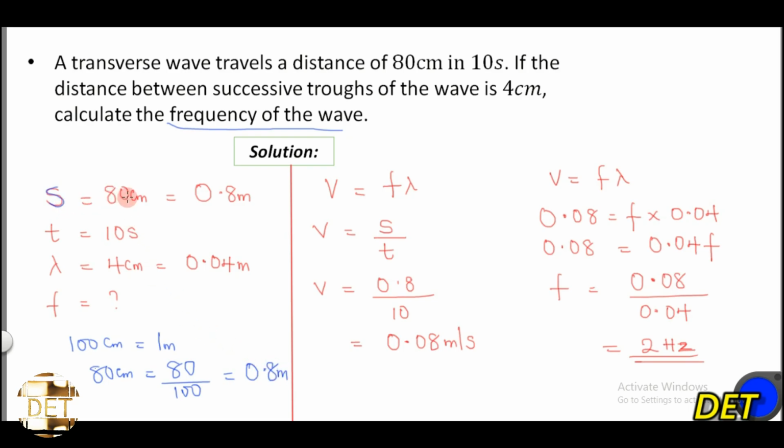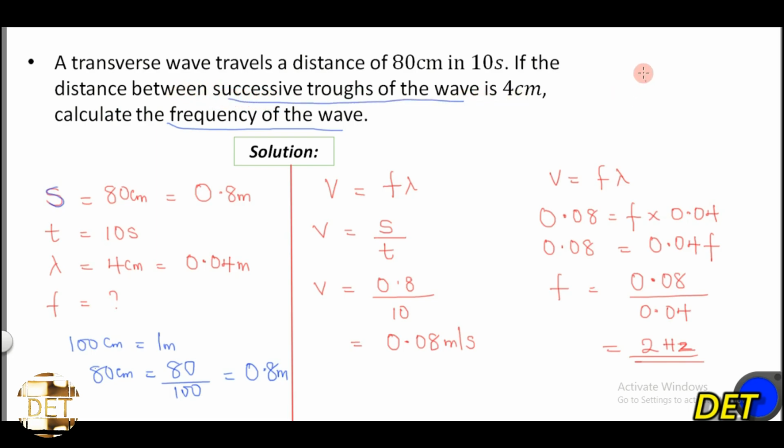So my distance, 80 centimeters, is equal to 0.8 meters, and t is equal to 10 seconds. If the distance between successive troughs is referred to as what?